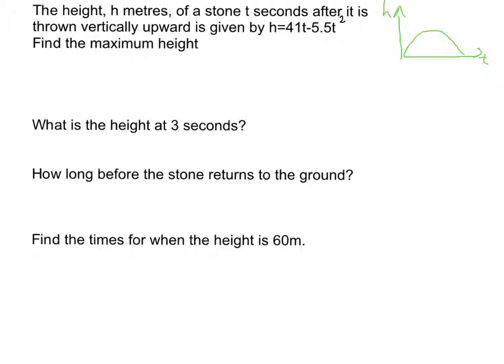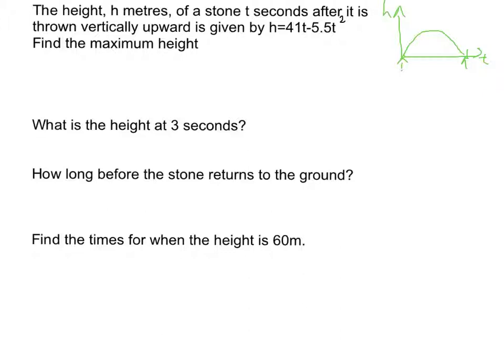Okay, so we throw it, reaches a maximum height, comes back down to the ground again. So the type of thing you'll want to do is use the symmetry of the function to find the maximum height. So it's going to be halfway between these two t-intercepts is where we'll find the maximum. So in order to do that, what I want to do is to factorize this function.